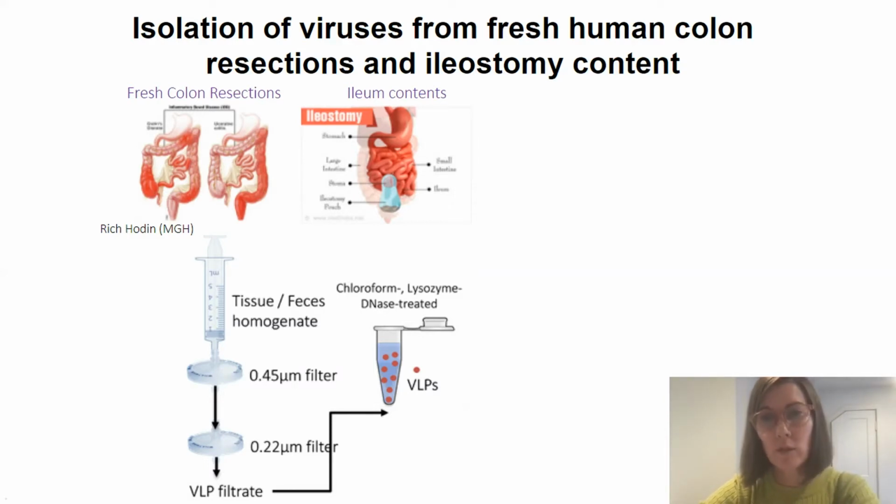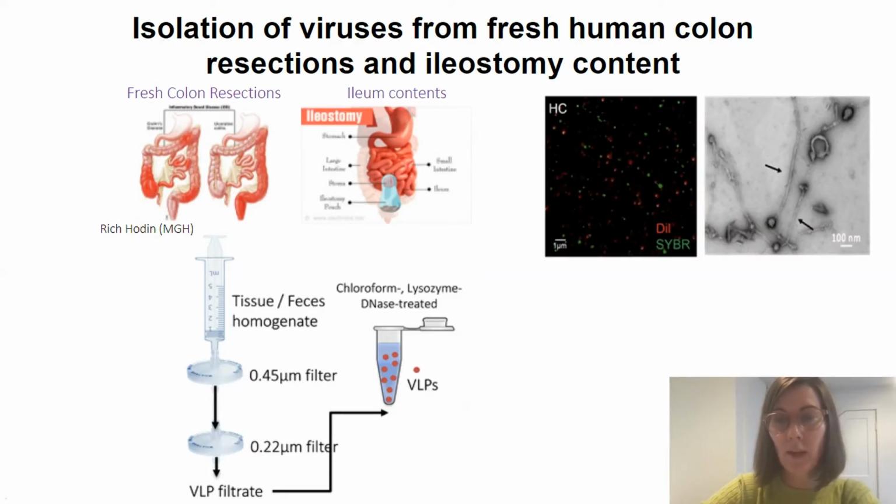And then we did a chloroform, lysozyme, and DNase treatment to get rid of any bacteria and any host DNA, and ended up with a fairly pure population of viral-like particles from these surgical resections. We could do electron microscopy with these and clearly see that they had morphology resembling both phage as well as eukaryotic viruses. And we could quantify these viruses by using SYBR that would stain DNA and RNA.